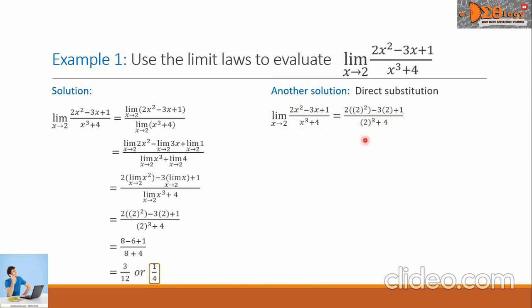It seems like this is a shortcut of the first method. From the problem, we jump directly to this step here. And this rational expression can be simplified into 3 over 12, or we say 1 over 4. This is our final answer.